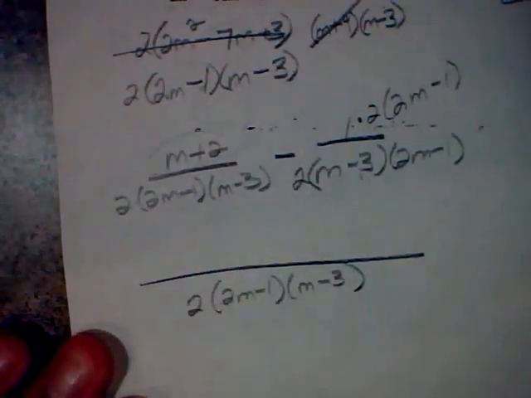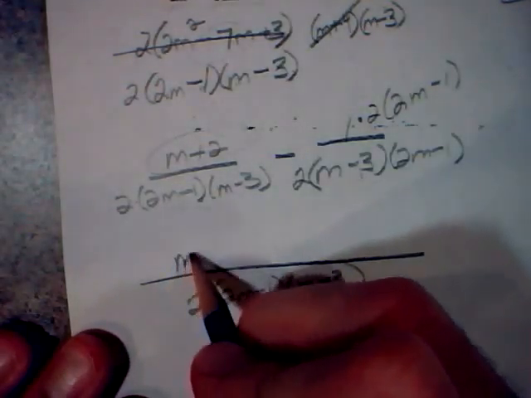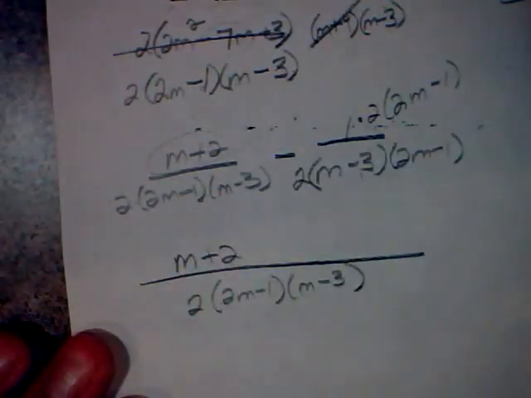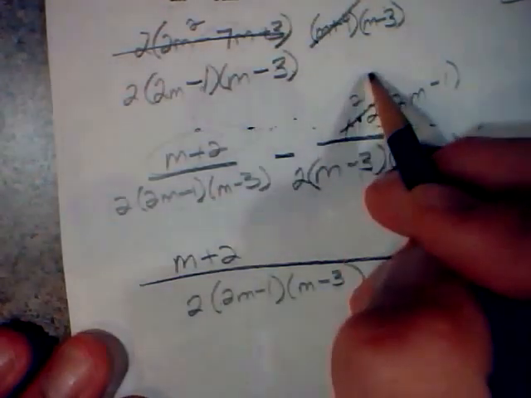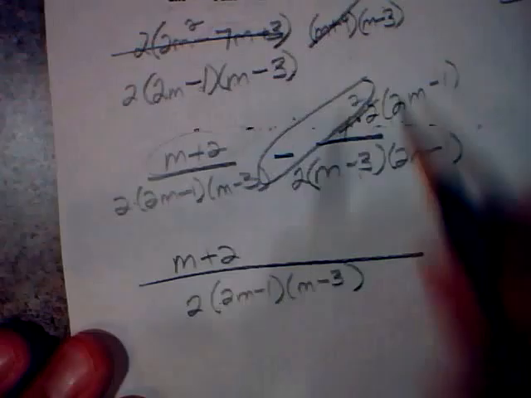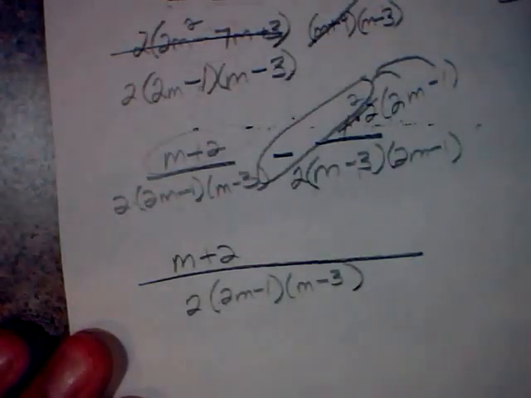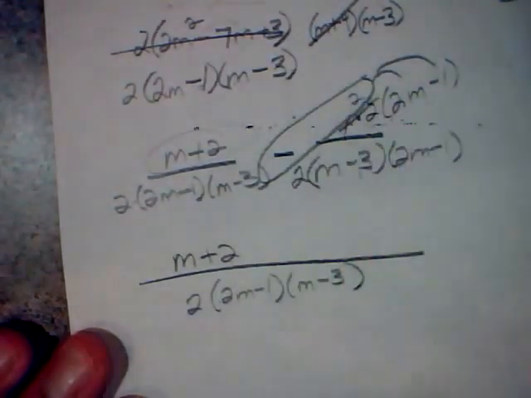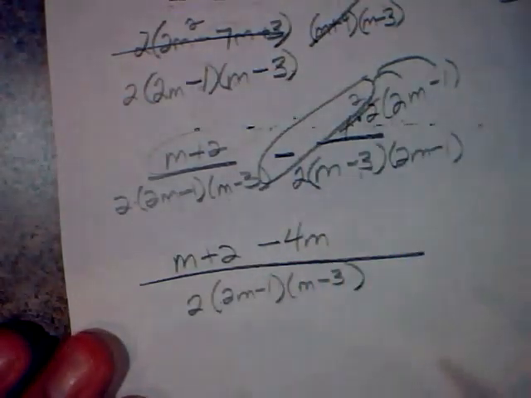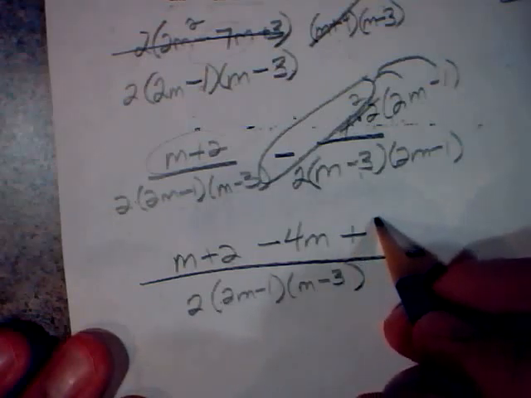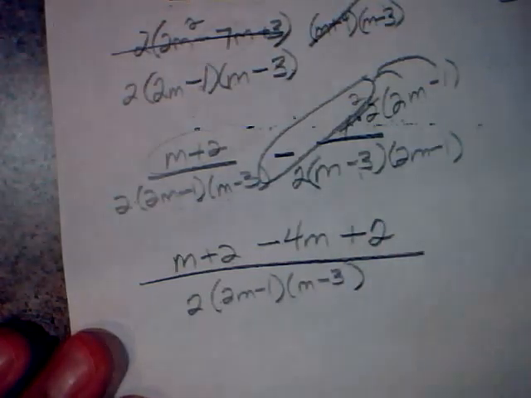Here, not much to do with that numerator. We're just going to rewrite it as m plus 2. But over here, we have 2 times 1, which is just 2. But this isn't really a 2, it's a negative 2, and that needs to get distributed to both terms. So negative 2 times 2m gets you negative 4m, and negative 2 times negative 1 gets you a positive 2.